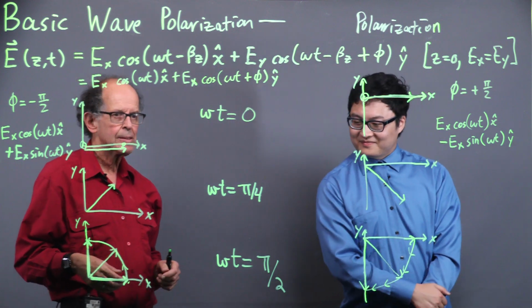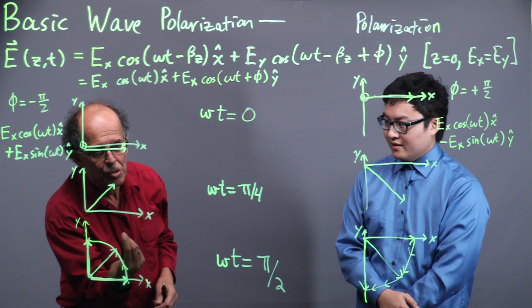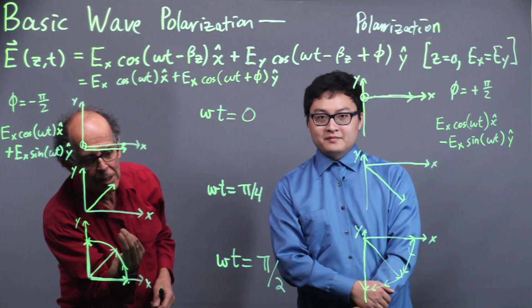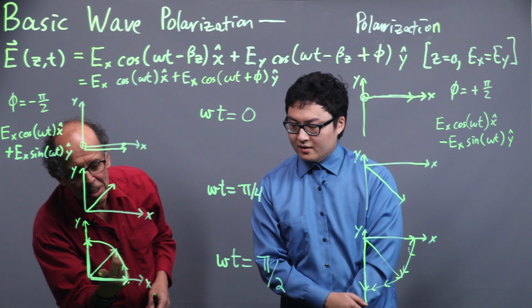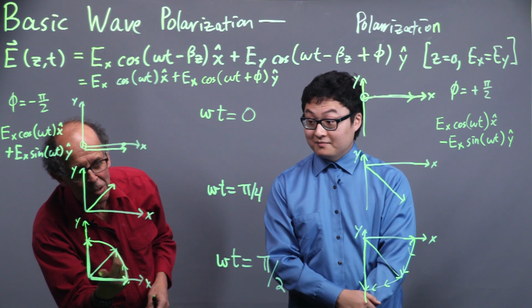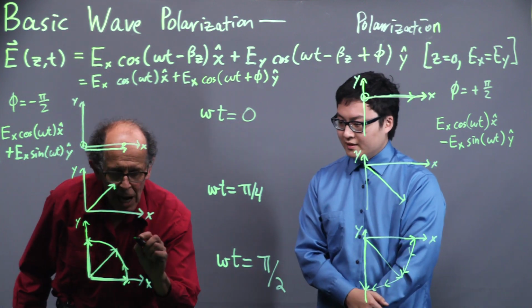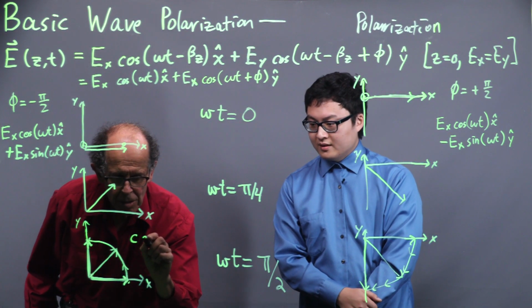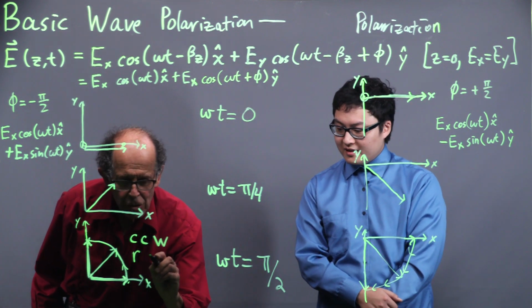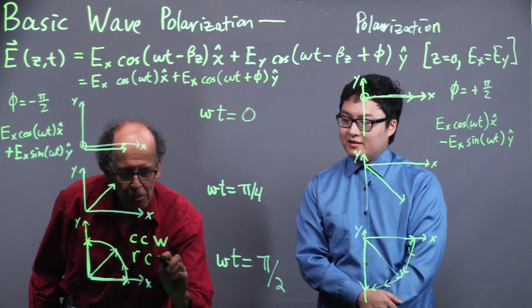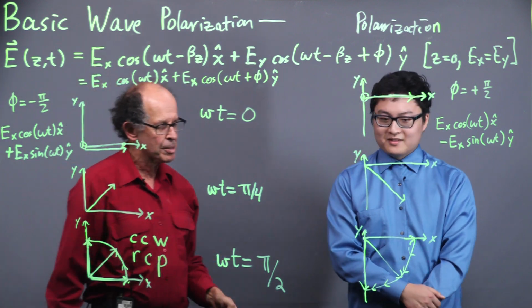Now let's get the right-hand rule done correctly here, and we can see that the rotation is counterclockwise and it's sticking out. You can see that my thumb is indicating that the point of the vector is coming out of the board, and that's counterclockwise, CCW, and it's called right-handed circular polarization, RCP. Okay, your turn.